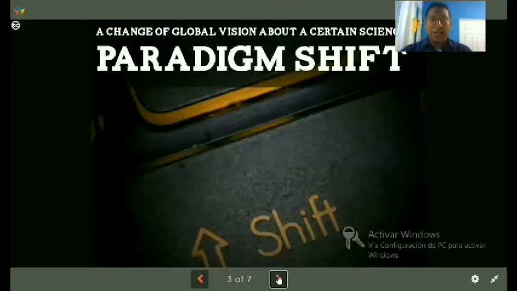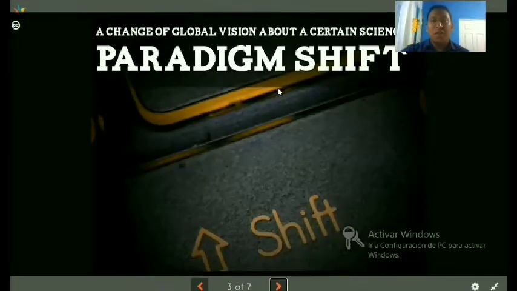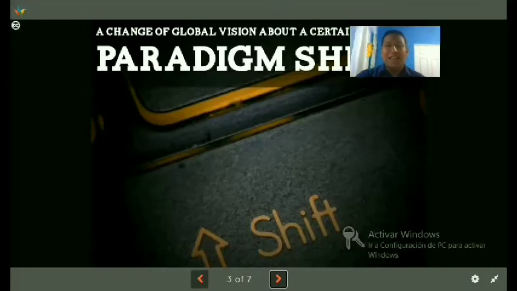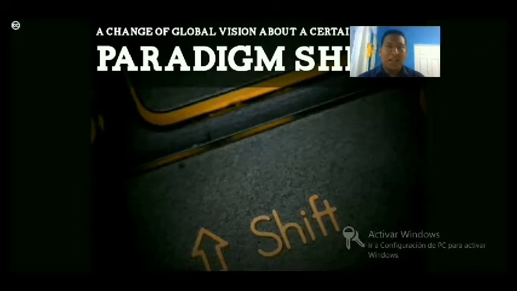But let's see that we have a global vision about a certain science, a paradigm shift. What does it mean? It means that we have to change what we had in our mind, that we have to teach in just one way.